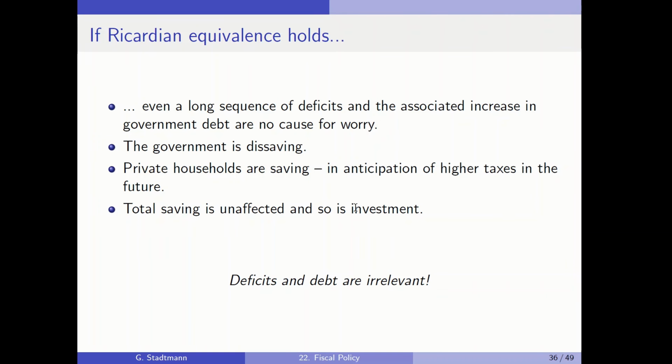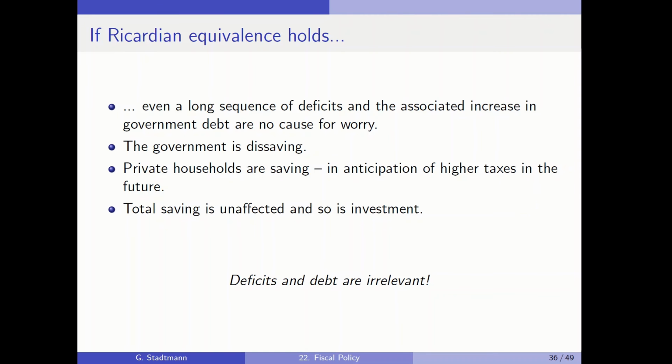If the Ricardian equivalence holds, even a long sequence of deficits and associated increases in government debt are no cause for worry. The government is dissaving and the private households are saving in anticipation of higher taxes in the future.